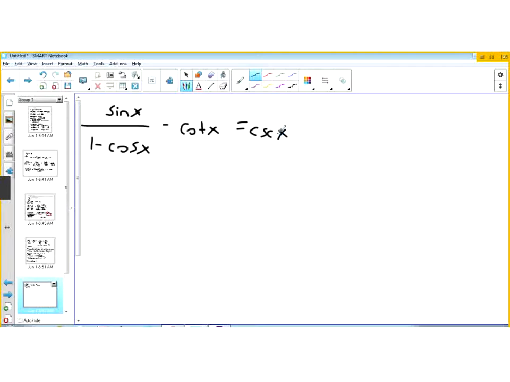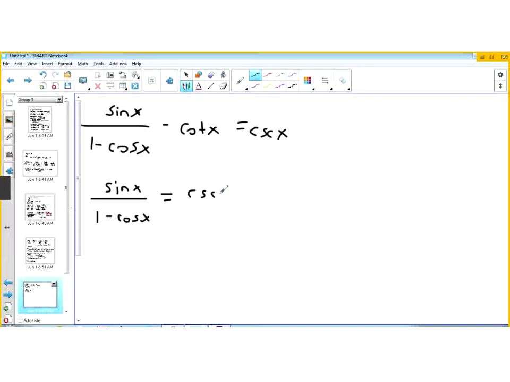Okay, so now one thing we can do is say, okay, sine x over 1 minus cosine x, we can bring the cotangent over to the right-hand side.